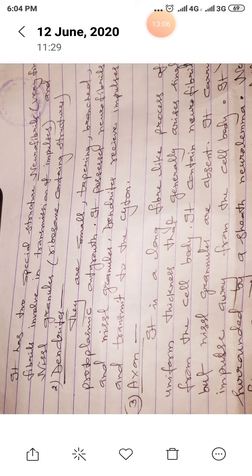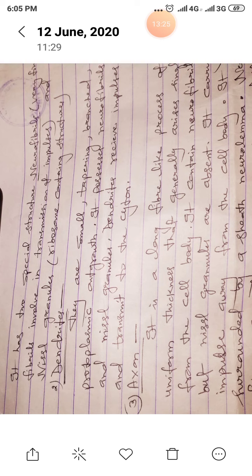There are 2 special structures also found in the cyton: neurofibrils, very fine fibers involved in transmission of impulse, and second, Nissl granules, ribosome-containing structures.